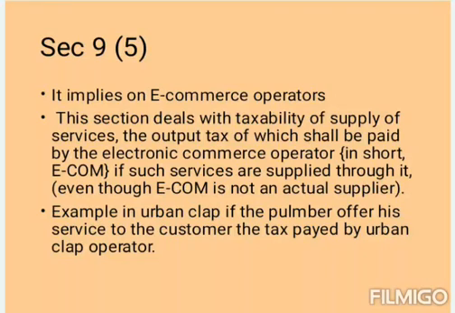Section 9.4 implies that whether the seller is a registered or unregistered person, the buyer is certainly a registered person, who has to pay GST to the government in two conditions only: if he is availing taxable items and if those items cross 5,000 rupees. And section 9.5 tells us that e-commerce operators are going to pay tax on behalf of the unregistered persons whom they have employed.